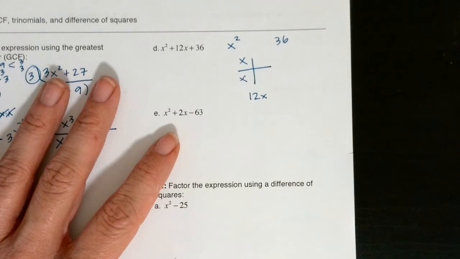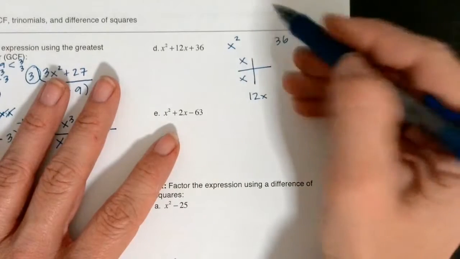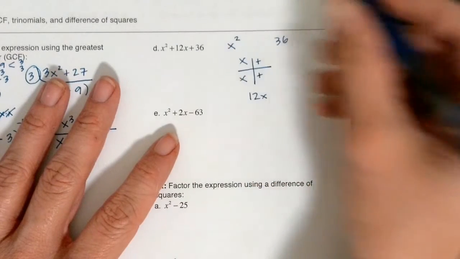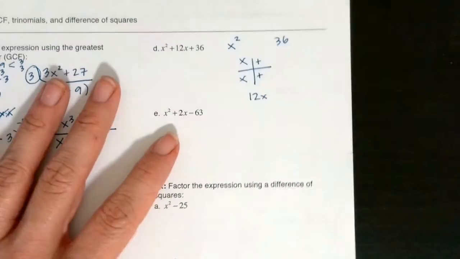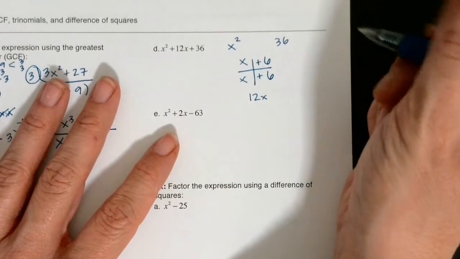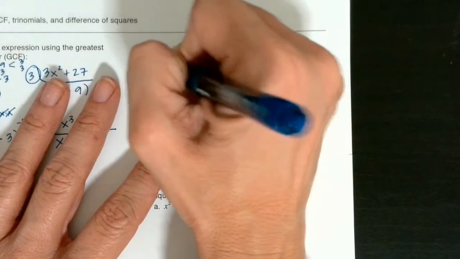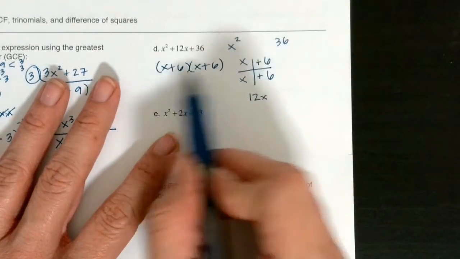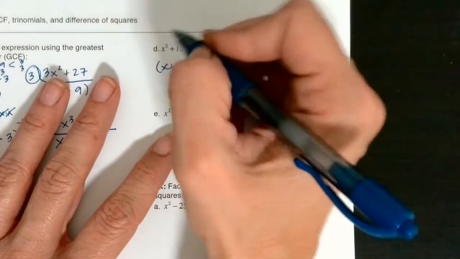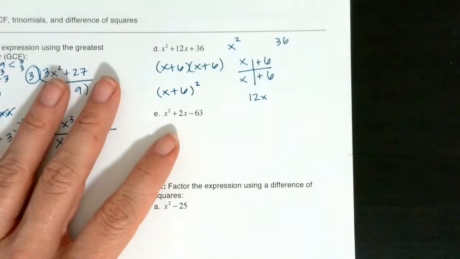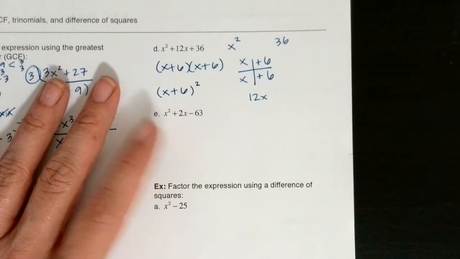So 36 and 1, no. They're both positive, so I actually know, since this is positive and this is positive, that both of those numbers are going to be positive. What about 6 and 6? Doesn't that work? Yep. So I get x plus 6 times x plus 6. Now, these are the exact same thing, so if you want to be fancy, you can write it like that. Okay? Alrighty, let's move on to this one.